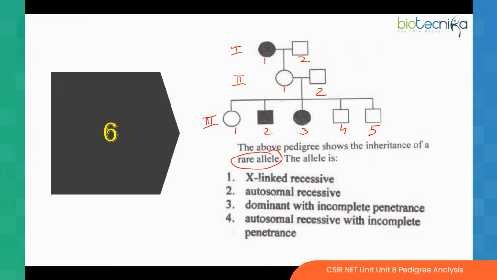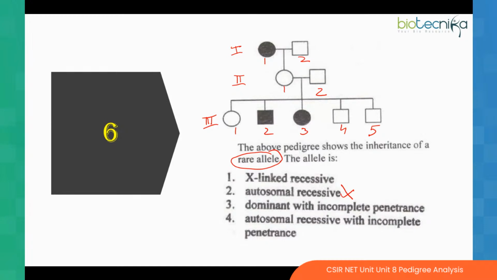If you go by just skipping of generation, you will very quickly tick autosomal recessive, and that will become completely wrong. That is why this question is in the CSIR exam, to check your ability to differentiate between a probable answer and a correct answer.